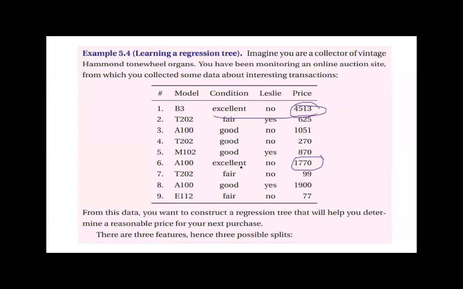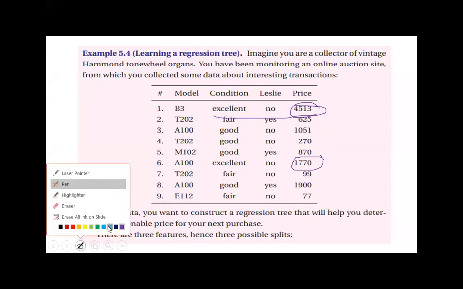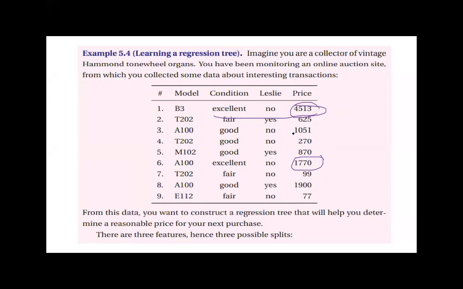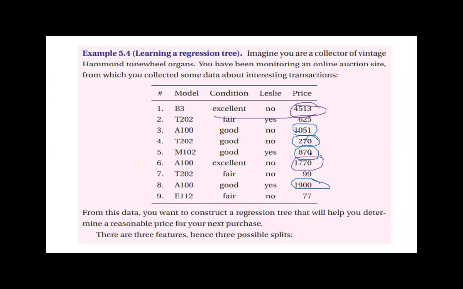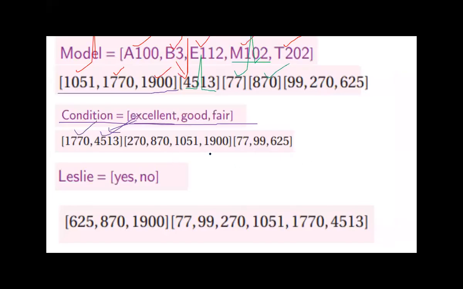Suppose you talk about good. It is 1051, 270, 870, and then 1900. So we can write that as 270, 870, 1051, and 1900.